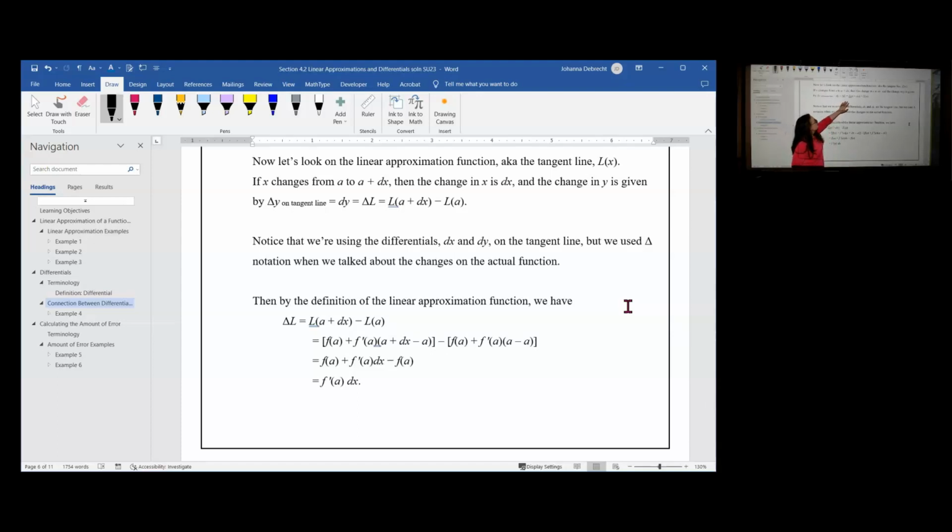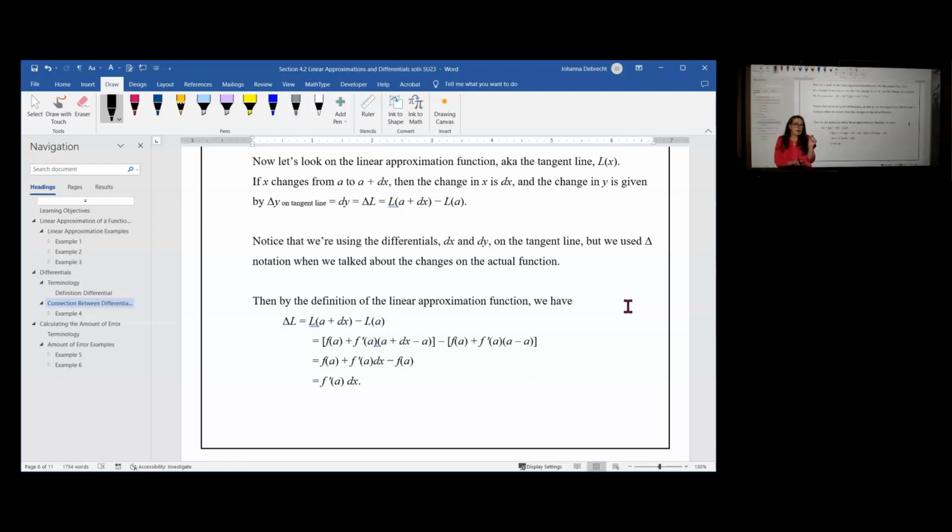If I want to look at those, the change in the y value, or the change in L, is what we define to be the differential dy. In other words, that differential dy you've been using is actually the change in y values on the tangent line approximation. And it's given by L of a plus dx minus L of a, the change in the y values on the tangent line, given a small change in the x values.